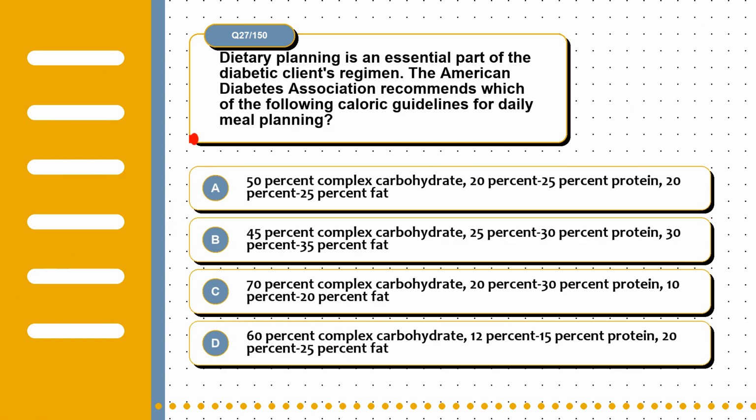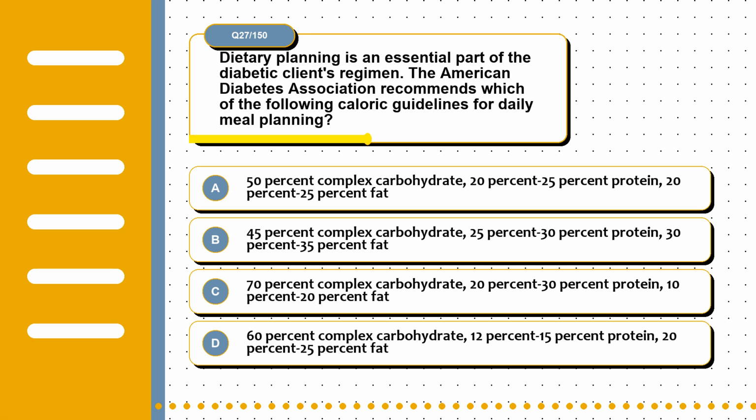Question 27. Dietary planning is an essential part of the diabetic client's regimen. The American Diabetes Association recommends which of the following caloric guidelines for daily meal planning? Here are the options. Option A. 50% complex carbohydrate, 20% 25% protein, 20% 25% fat.